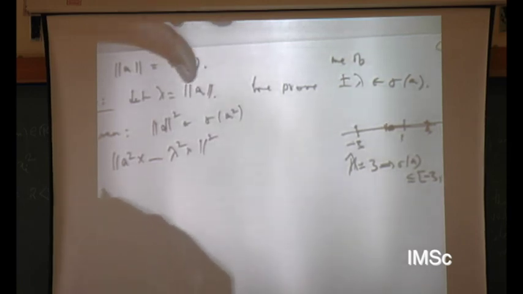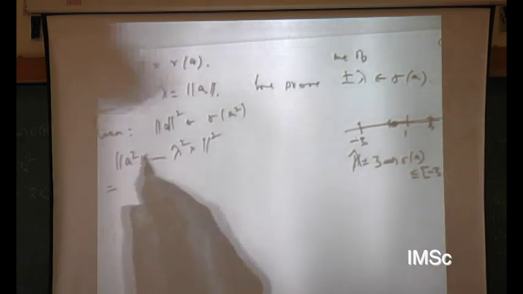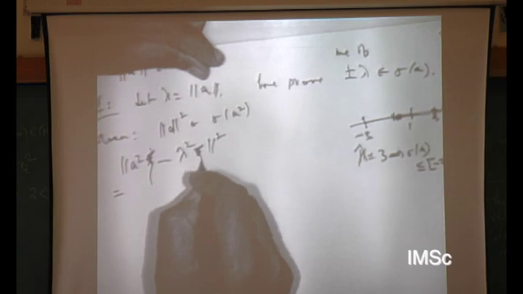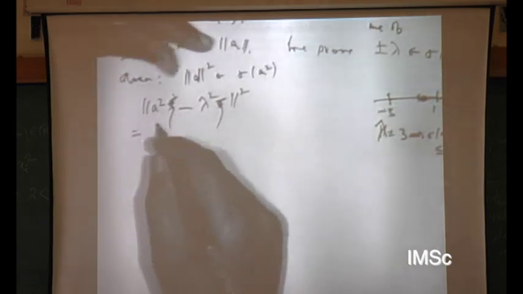I'm going to do a little magic. Compute this: it is the inner product of this vector with itself.